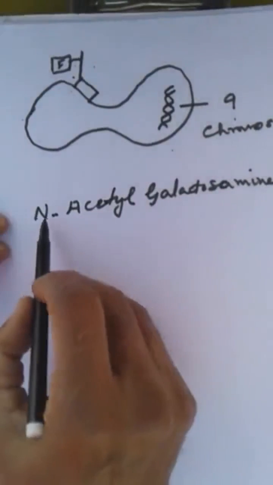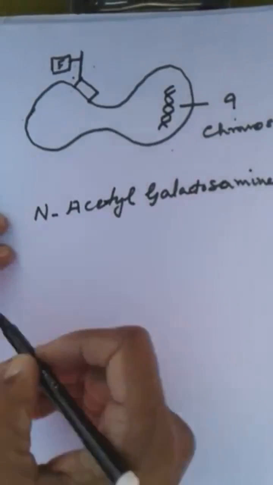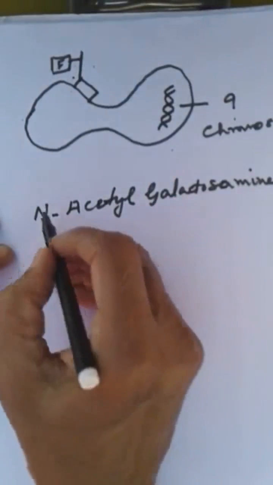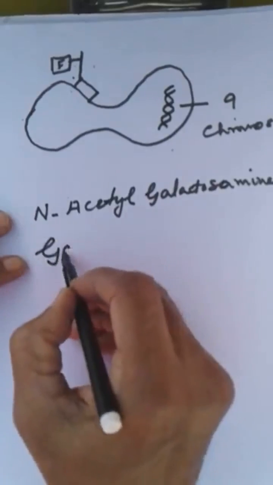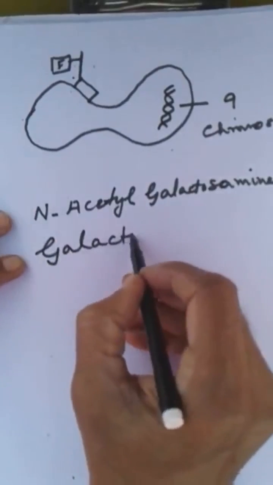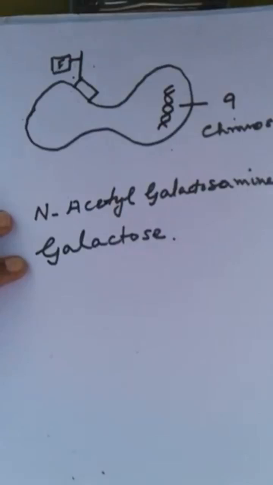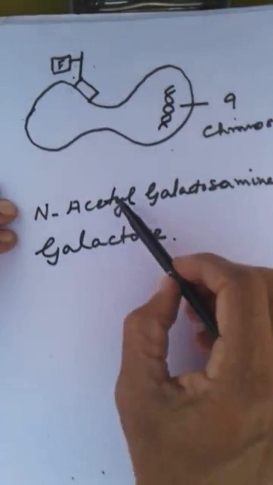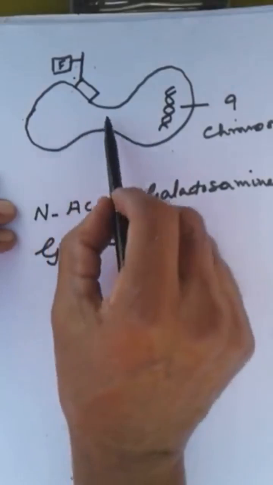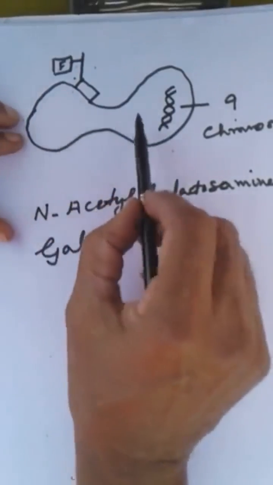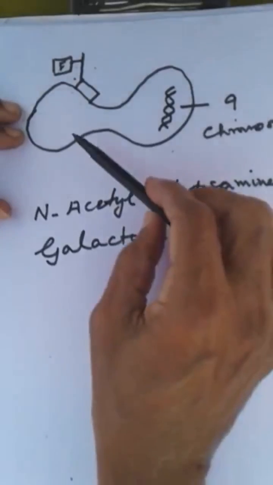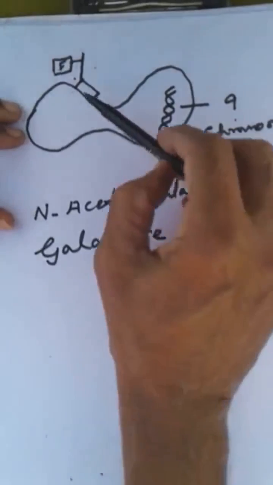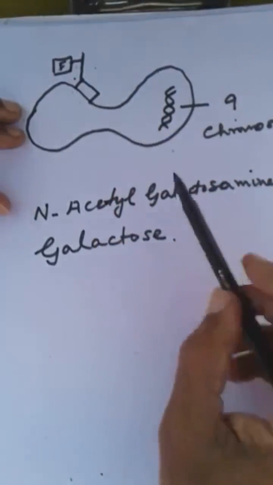That is one substance. Another substance is pure galactose. These two substances are also available here, but they cannot transfer themselves to this area. So they also need a helper.